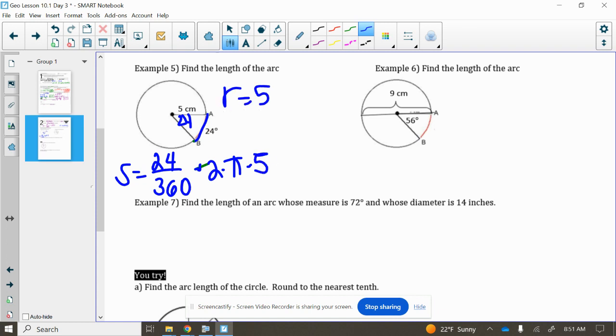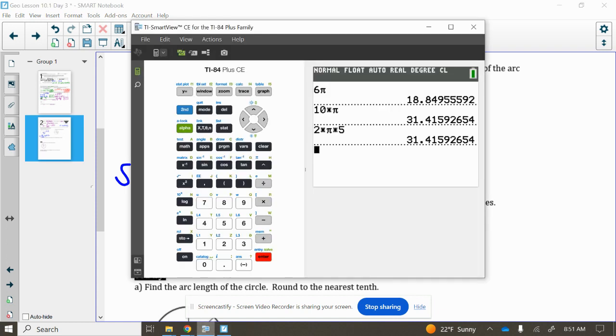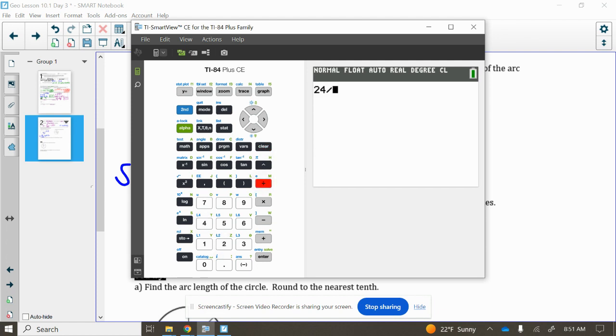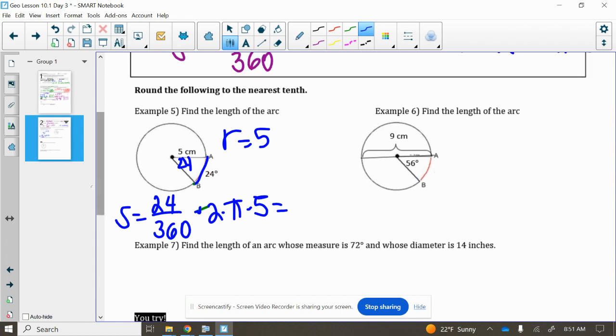They gave us the radius is 5 on this one. So in the calculator, you're going to do 24 divided by 360 times 2 times pi times your radius value. We're going to round to the nearest tenth, so 2.1, officially centimeters, since that was given as the units for that one.